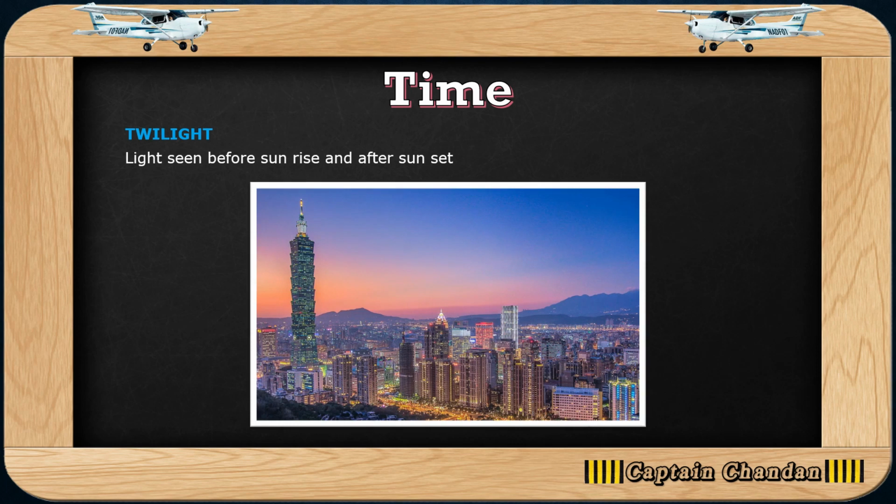Twilight. Light seen before sunrise and after sunset. You can see twilight in the early morning and early evening. As you can see in the picture of one city, the sun is about to disappear. That period is called twilight.